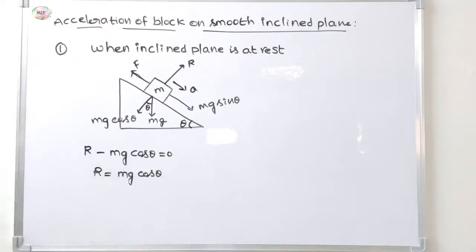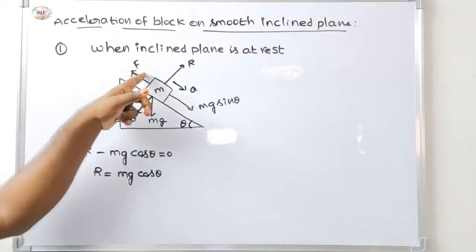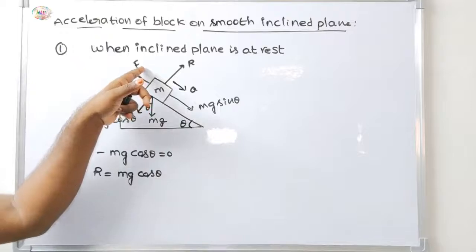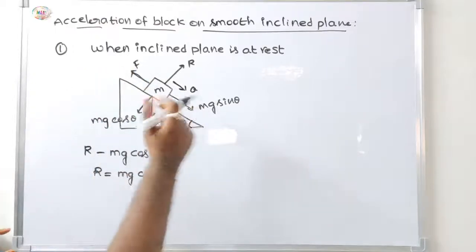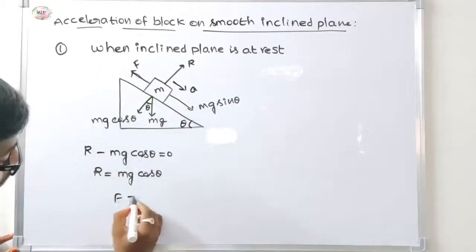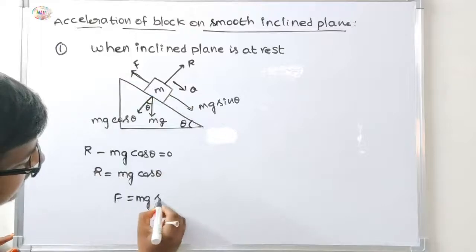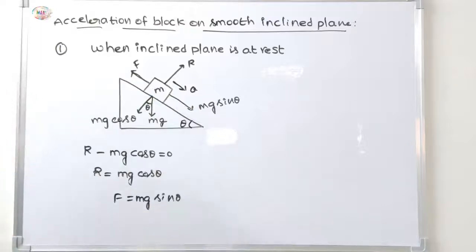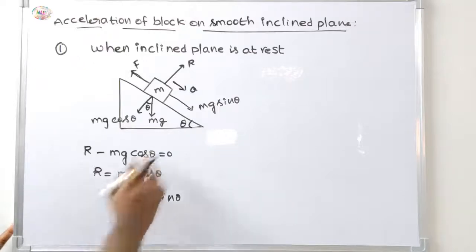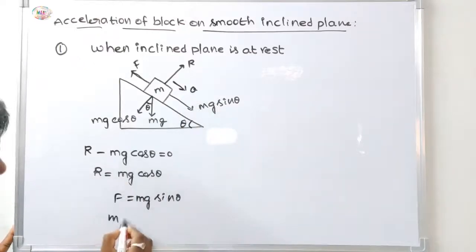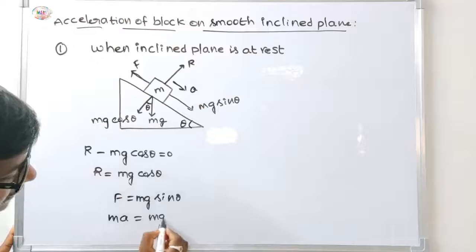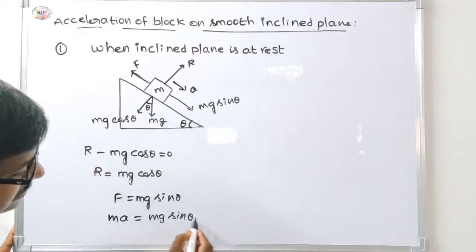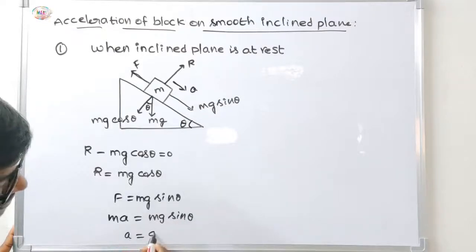The force along the inclined plane, F, is equal to mg sin theta. Here F is equal to ma, so ma is equal to mg sin theta. Then a is equal to g sin theta.